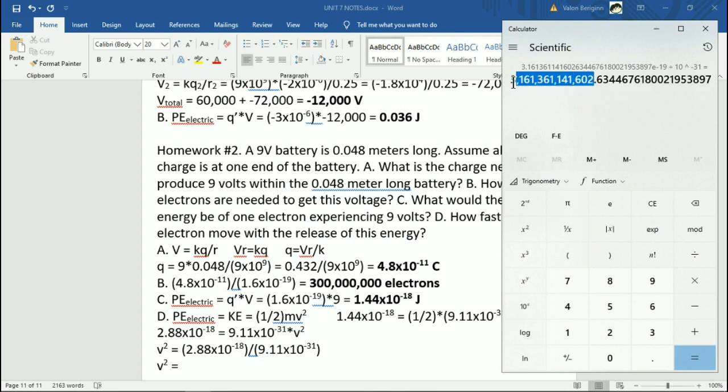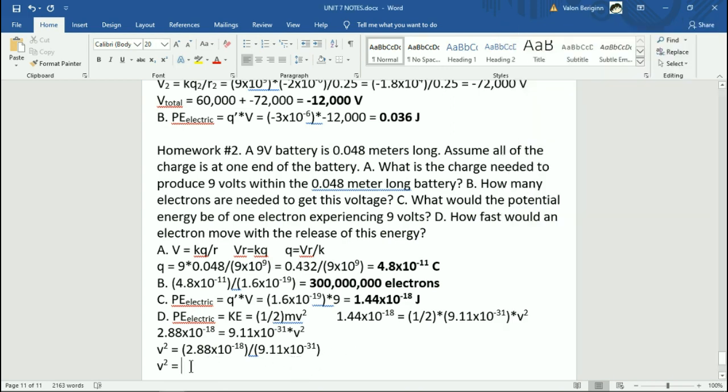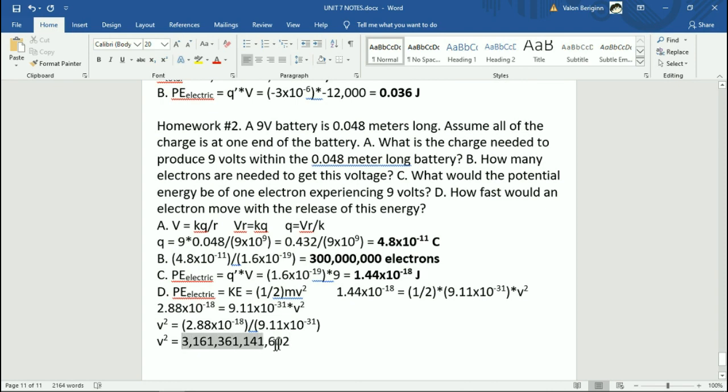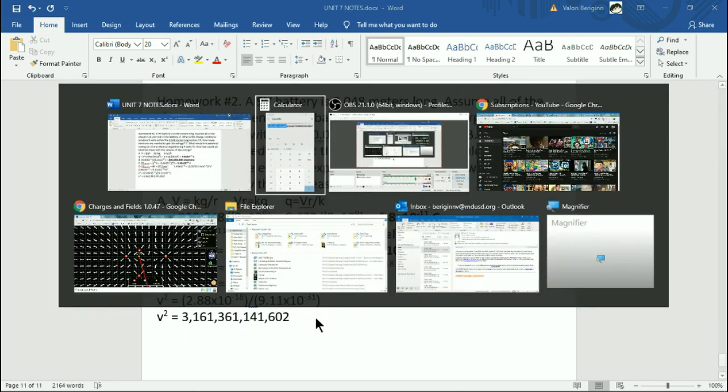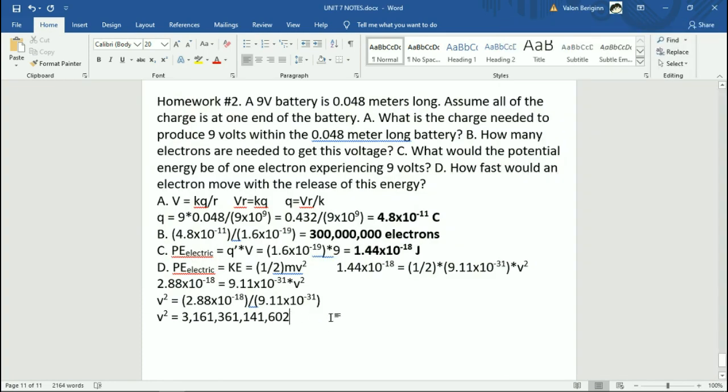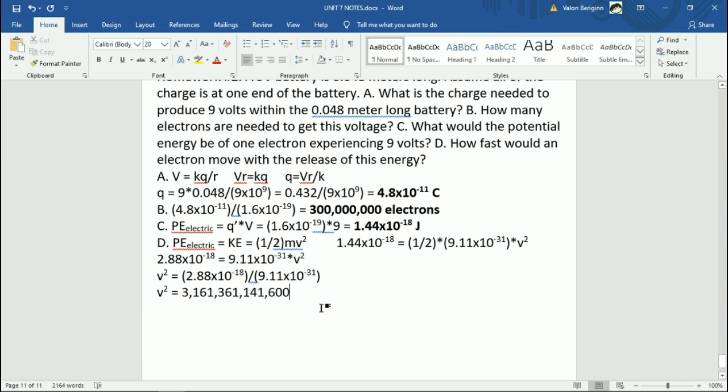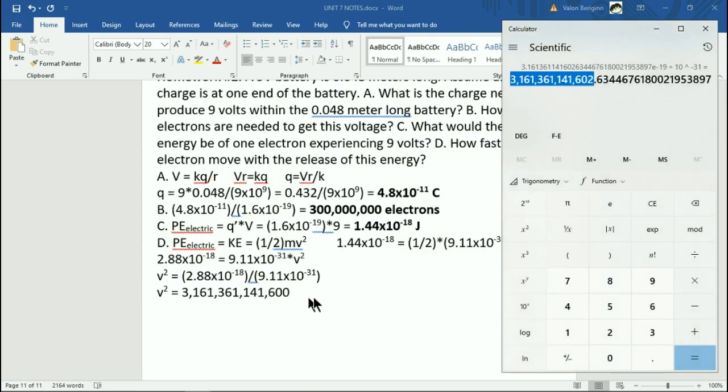That number, oh boy. I'm just going to copy this number. So that's my number. I'm going to round it, just to there. And that's my square, so then I have to square root this.